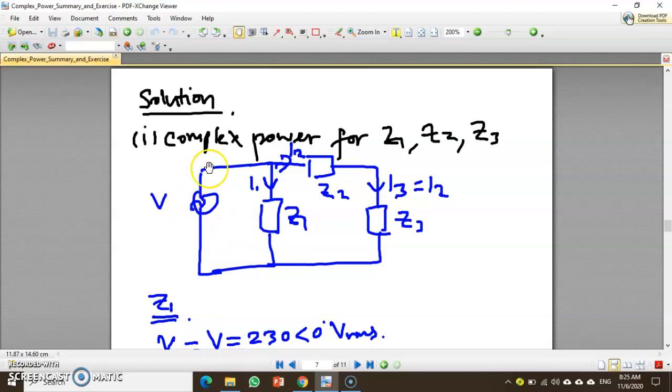Approach number one, you can determine the voltage and current, then calculate the complex power supplied by the source. Or you can determine it according to the conservation of complex power, because the complex power supplied equals the complex power of the loads.